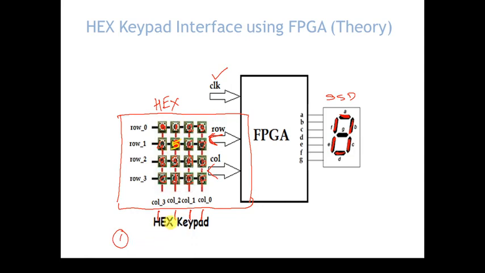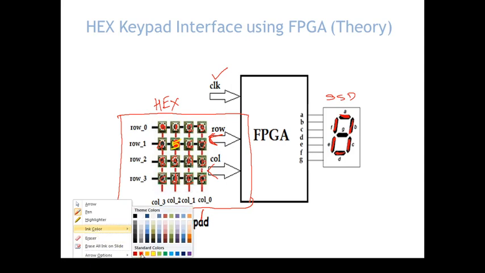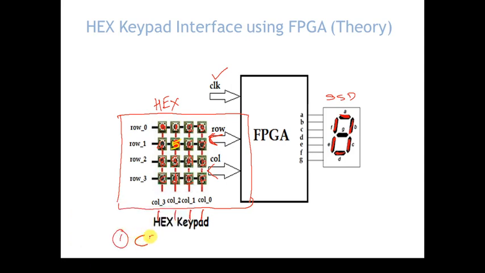Because initially the first stage is to make all column values logic 1, whenever we press key 5, this row 1 will become logic 1. So the first step is to assign the column values 1 and then check the rows.